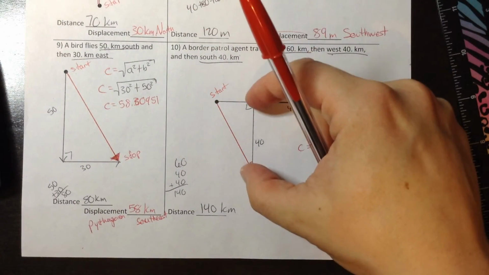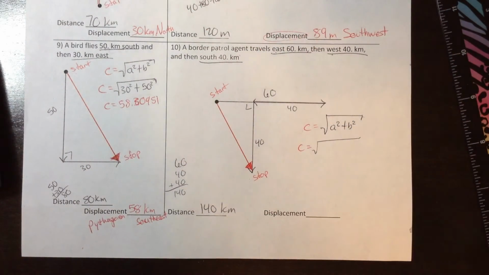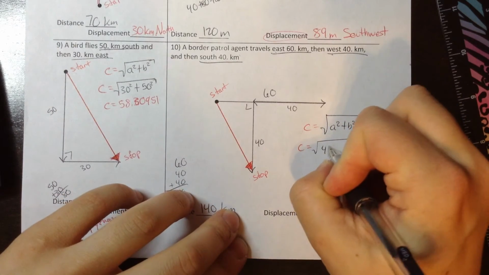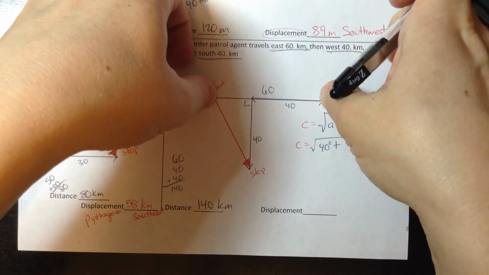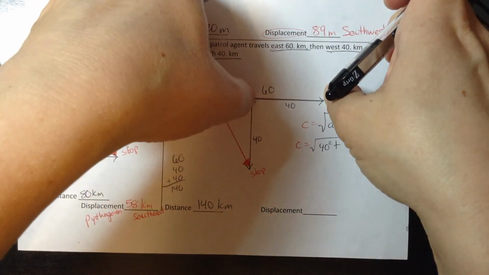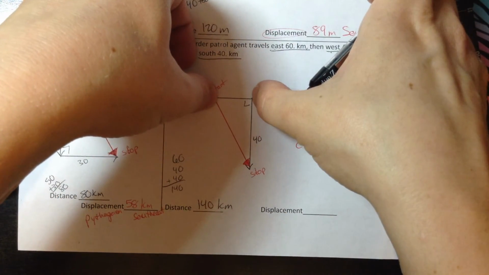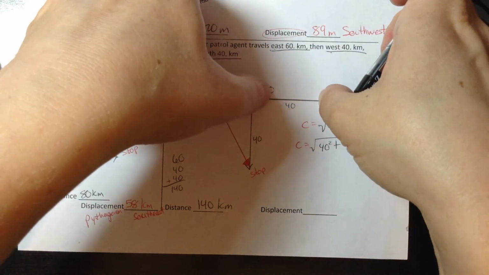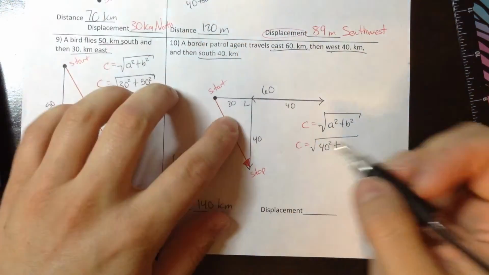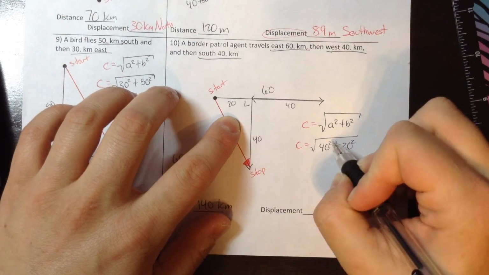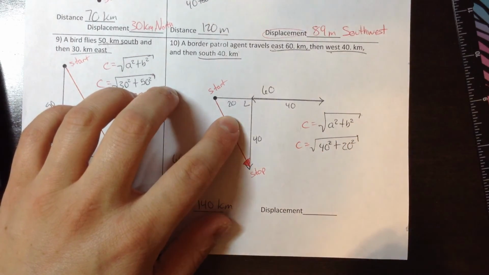This piece, that one's obviously 40. So 40 squared plus, how about this piece right here? Is it 60? This is 60. This is 40. How big is this piece right here? 60, 40, 20. So 20 squared is the other side of that triangle.